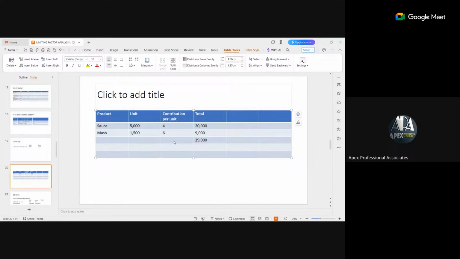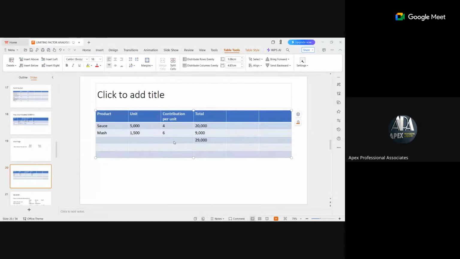For you to determine your profit, it will be contribution minus fixed cost. If contribution is equal to profit plus fixed cost, you make profit the subject of the formula to determine what your profit will be.